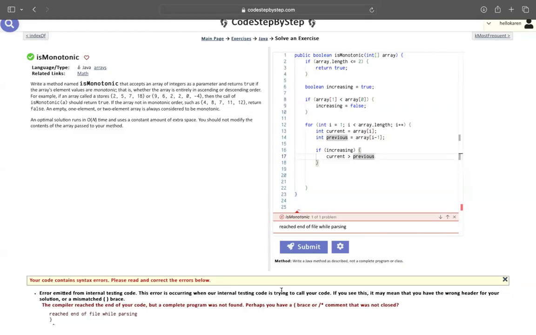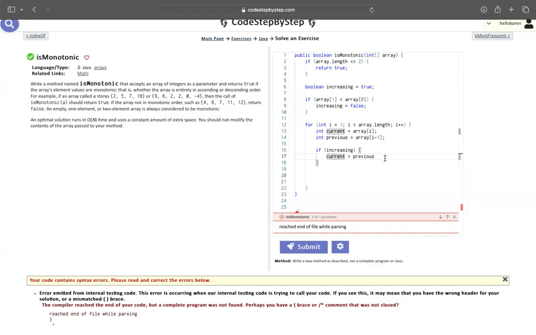So then do I just do like... I was thinking if current is greater than previous, but I don't know how that would work, because wouldn't that be another if statement?